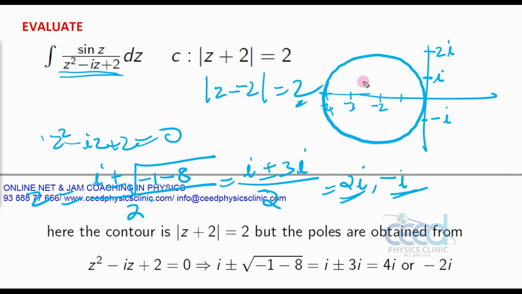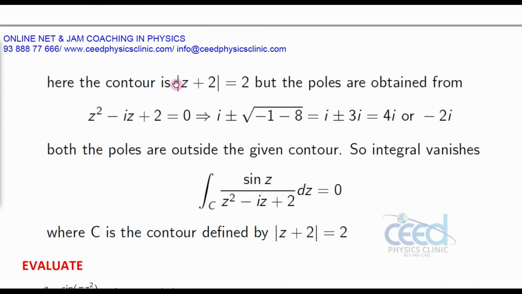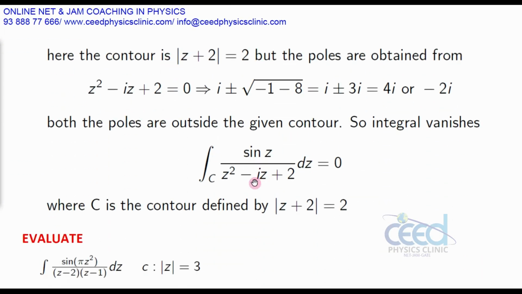So both poles are outside this contour. So this integral does not exist, and the value of this integral is 0. Okay, so that is a simple question. Okay, so before doing a problem, you have to check whether the pole is inside the contour or outside the contour.